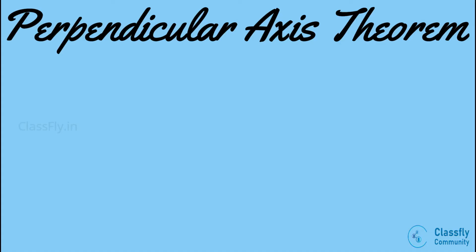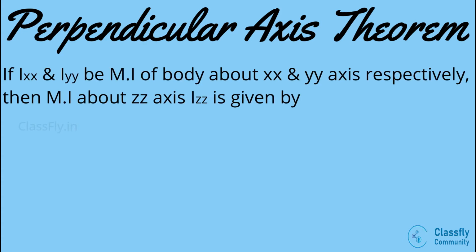Next, the perpendicular axis theorem. Well, it states that if Ixx and Iyy are the moments of inertia of the body about the xx axis and yy axis respectively, then the moment of inertia about the zz axis, that is Izz, is given by Izz is equal to Ixx plus Iyy.